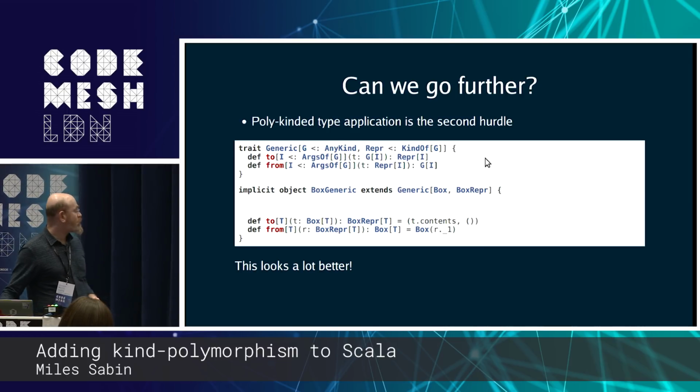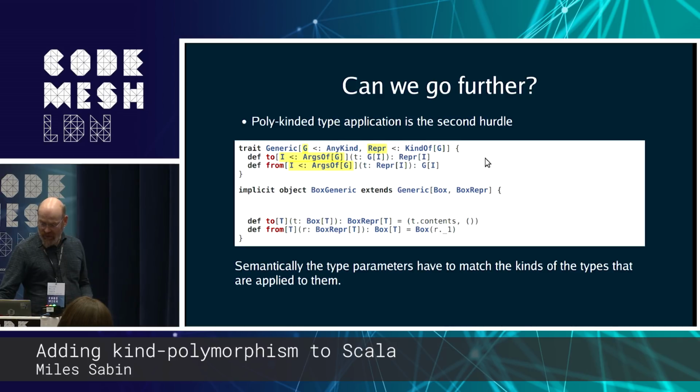I mean, the key constraint is that semantically, these type parameters have to match the kinds of the types that apply to them. The implication is that in particular instances, the number and kinds of type arguments to those two methods will be dependent on what the particular instantiation is.